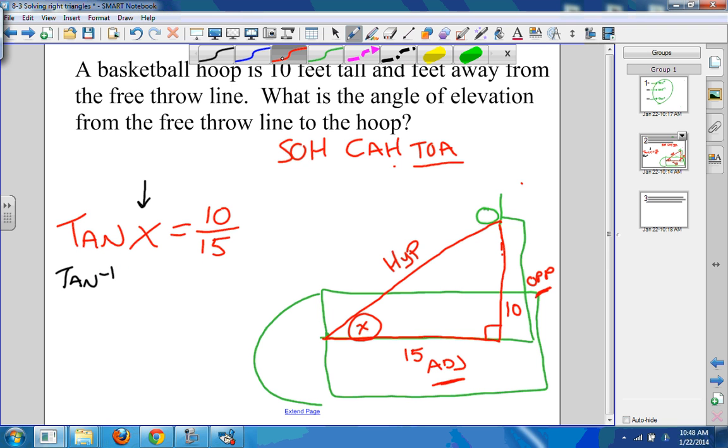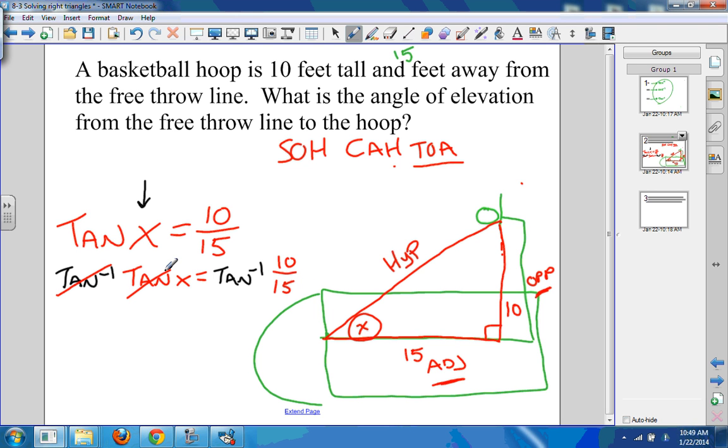So I'll take the arctangent of the left side, and I'll take the arctangent of the right side, and on the left side, we should find that this cancels out.